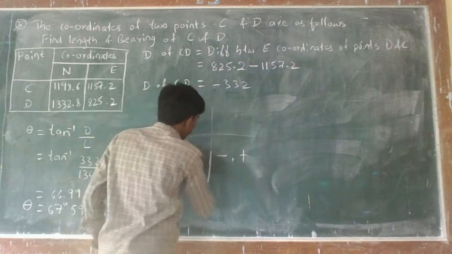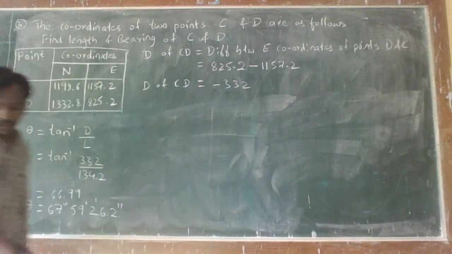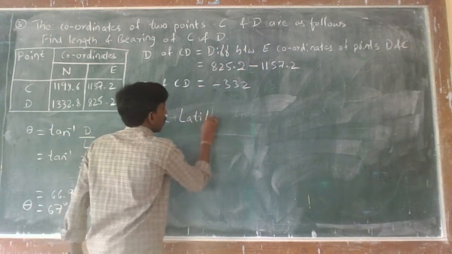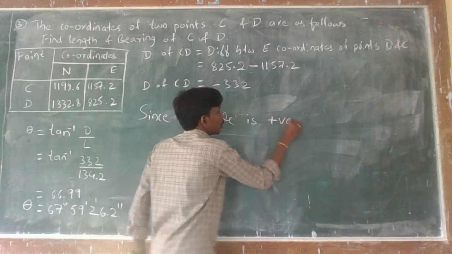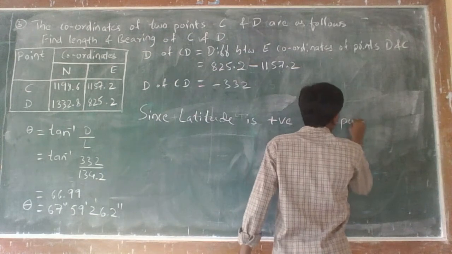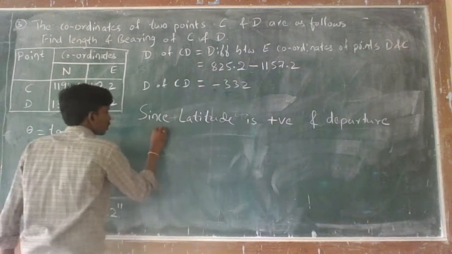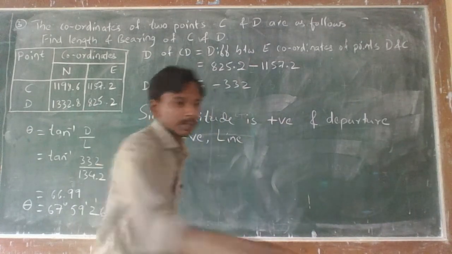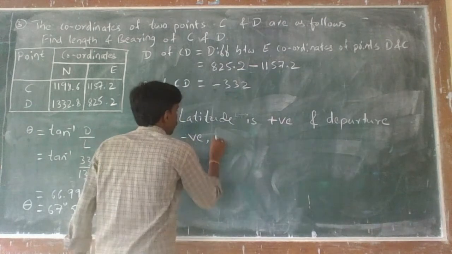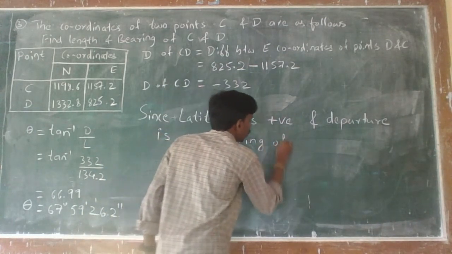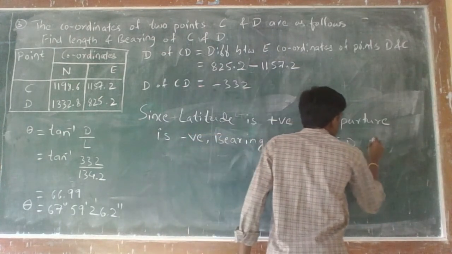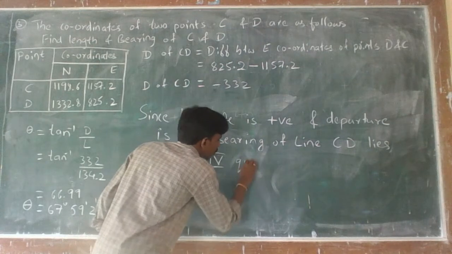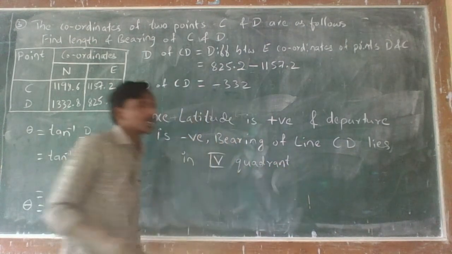So now write, since latitude is positive and departure is negative, bearing of line CD lies in the fourth quadrant, which is northwest.